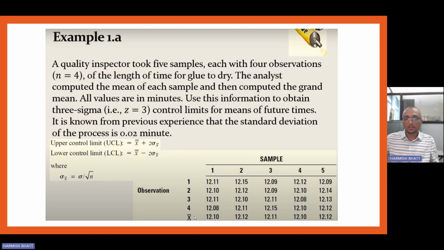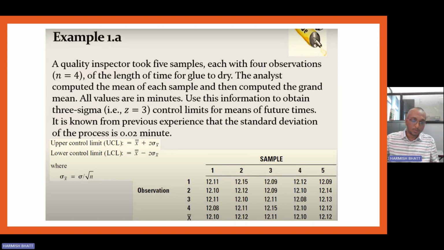That is nothing but the average of the values found by the quality inspector for all items of the individual lot, written at the bottom of each sample, in the last row of each sample. So that is the X bar value.